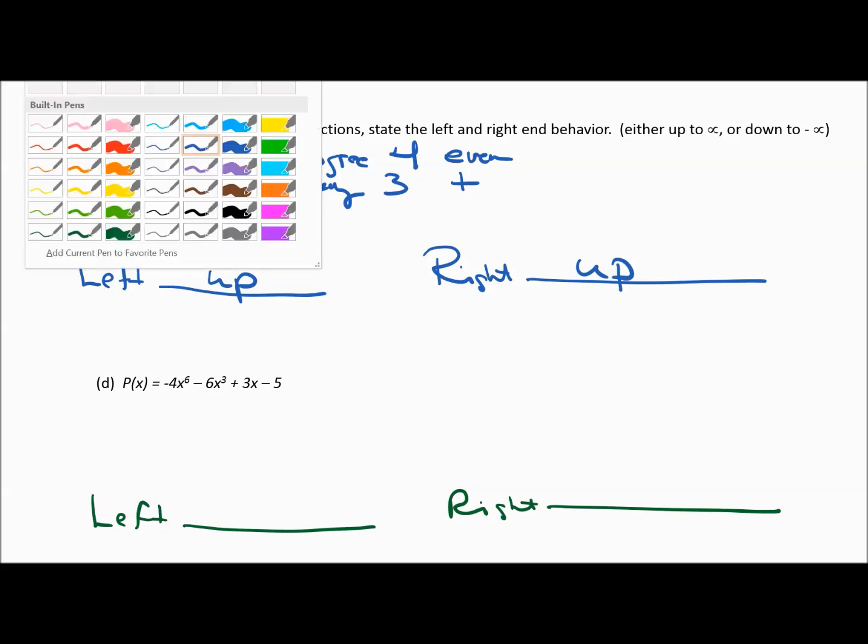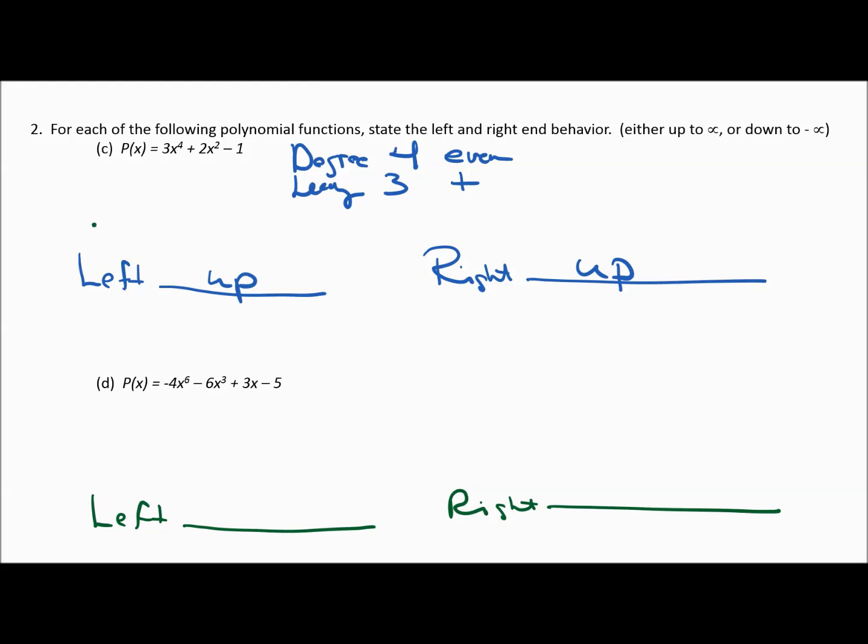Now for the next polynomial, what I want you to do is, first of all, find the degree, and then find the leading coefficient. Okay, so the degree of this polynomial, you're looking right here. Why? Again, because this polynomial is expanded already for you. There is no multiplying out that needs to be done. So the highest exponent is 6, so this is a degree 6. The leading coefficient is -4.